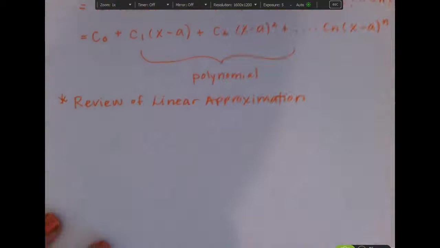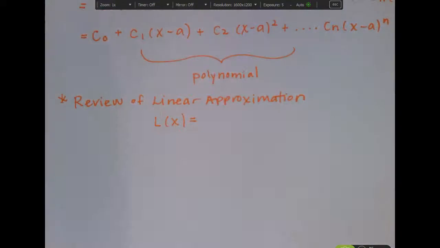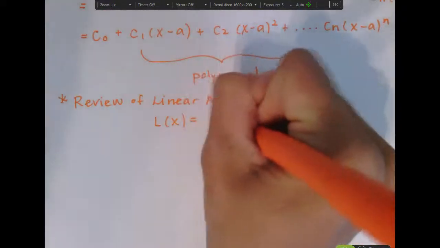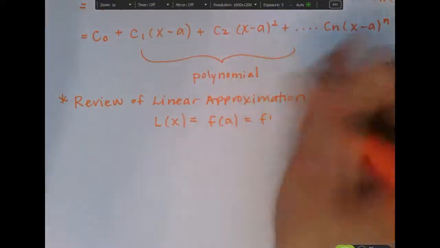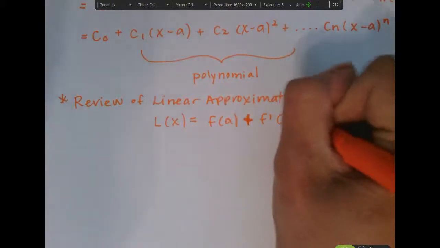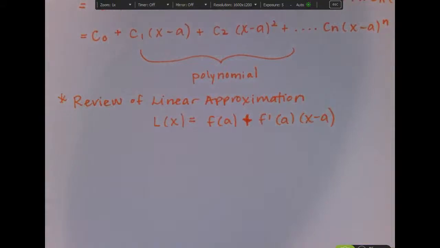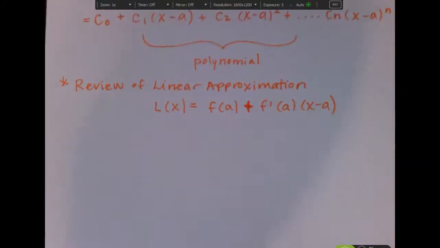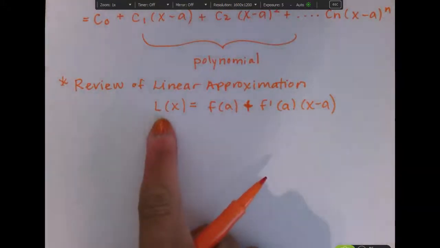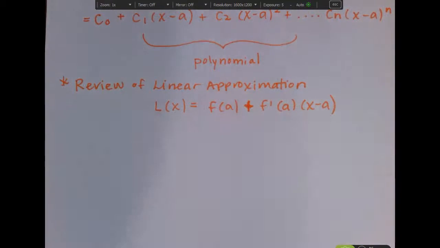So again, let's just run through how we would have used linear approximation. We had a formula for linear approximation that was developed in Calc 1. Whoops, that's a plus sign. And so we were able to show in our development of that formula that we can approximate a curve at a given value using this linear approximation formula.